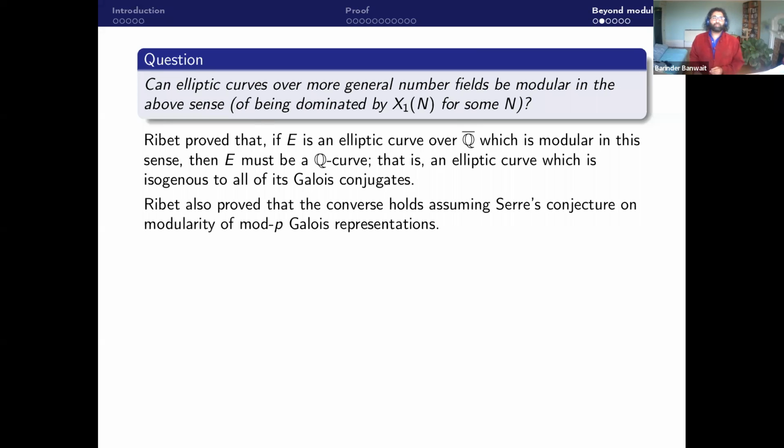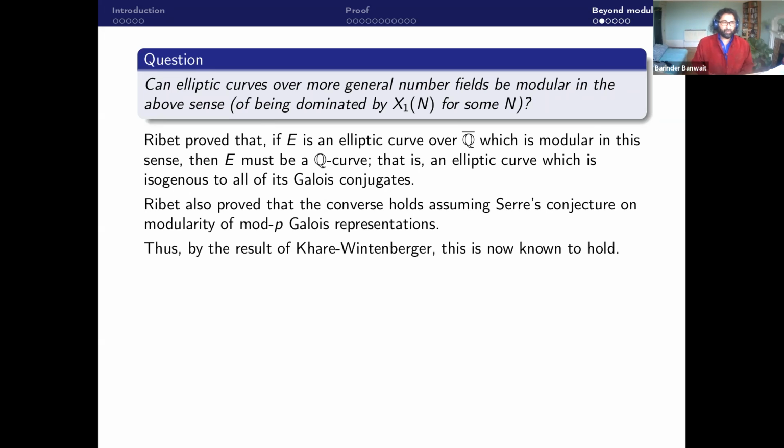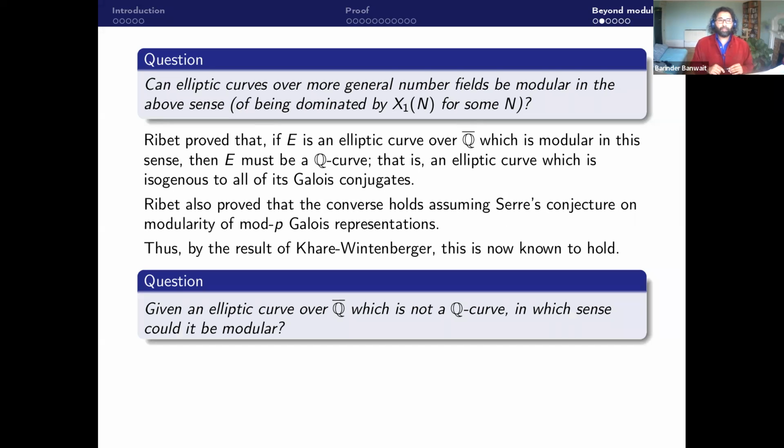And he also proved that the converse holds, assuming Serre's conjecture on modularity of mod p Galois representations, which we now know by the result of Khare and Khare-Wintenberger. So Q-curves are precisely the elliptic curves that are modular in this sense.